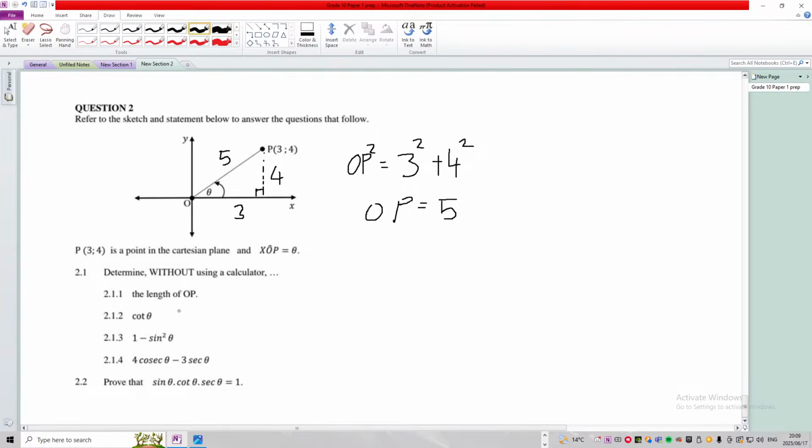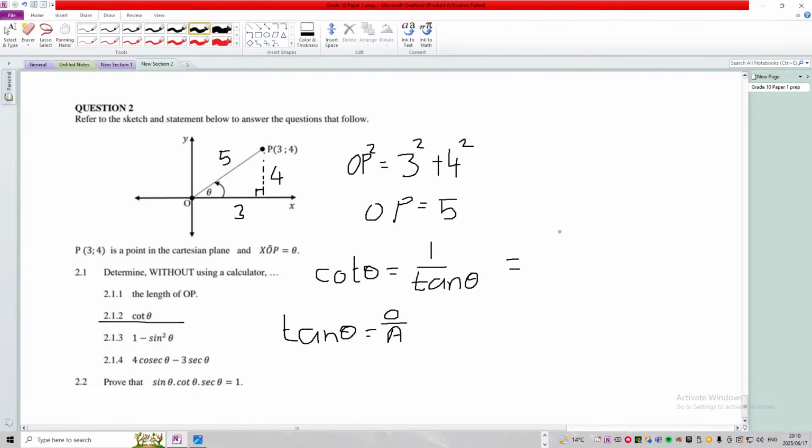Okay, now we need to determine cot of theta. We know cot of theta to be 1 over tan of theta, which is the inverse. We know tan of theta to be opposite over adjacent.